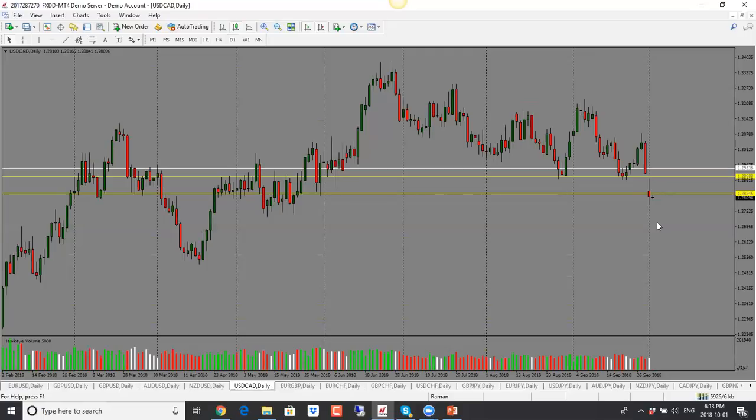As a result, that is positive for Canadian dollar, because Canada is a big export economy, and a trade agreement is very, very important for Canada. Because that trade agreement was signed, we saw this drop.